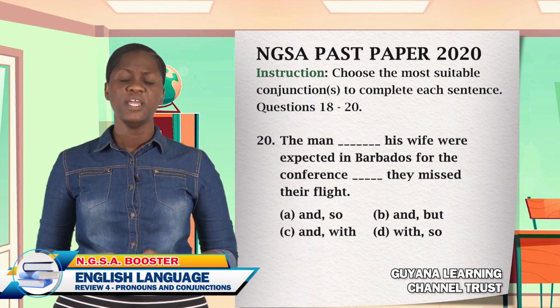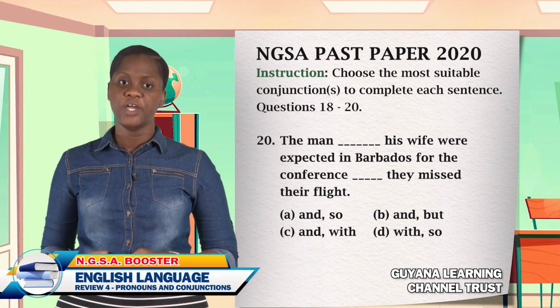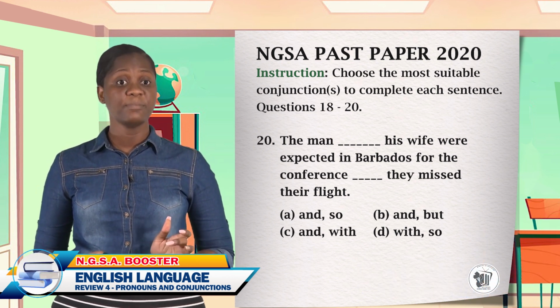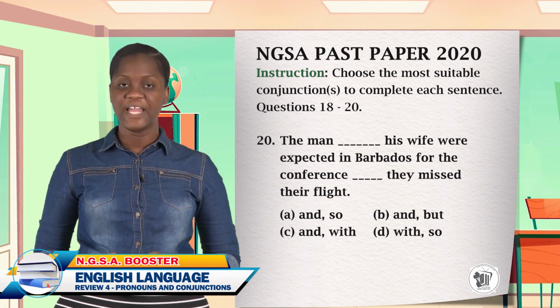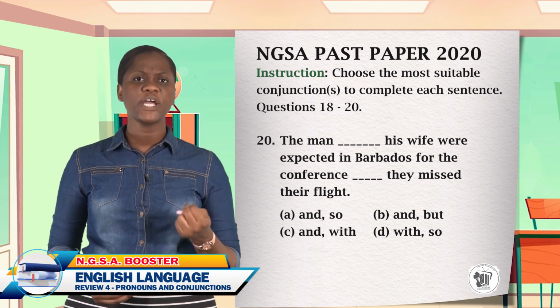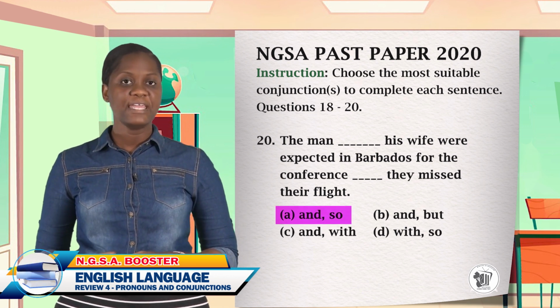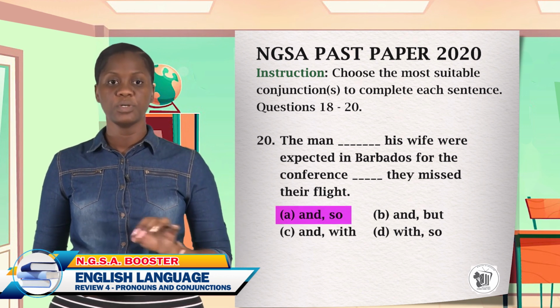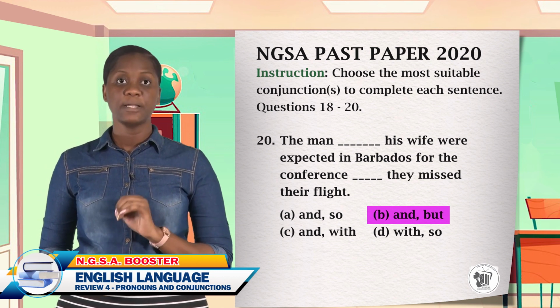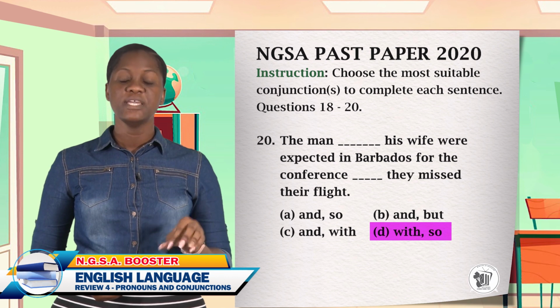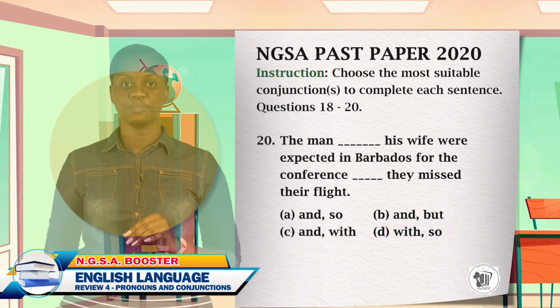Number 20, "The man ___ his wife were expected in Barbados for the conference, ___ they missed their flight." We need two conjunctions, so let's take a look at the options. A, and so. B, and but. C, and with. Or D, with and so.